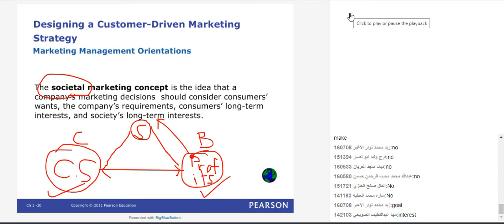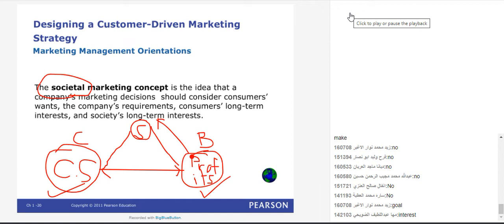For example, there is something called a socially responsible product, a socially responsible business. For example, make a cause for cancer fighting, or having some donation.